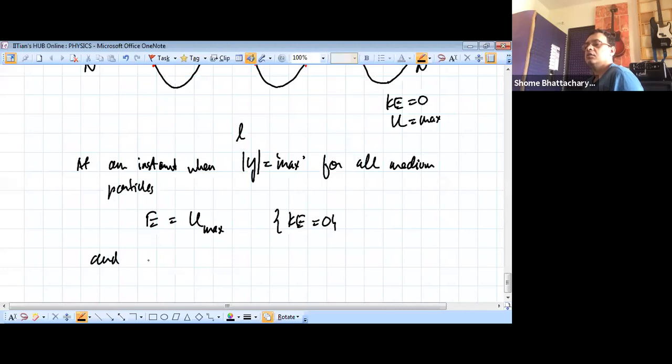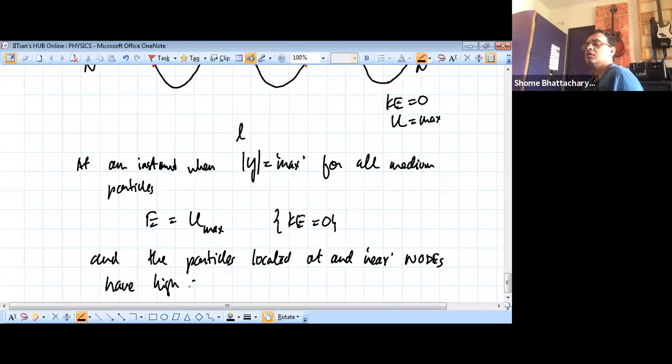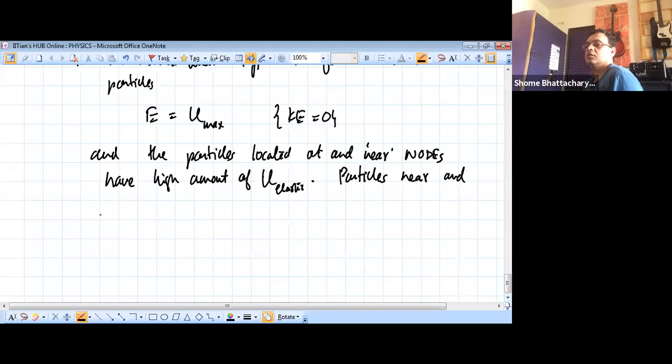And the particles located at and near the nodes have a high amount of this elastic potential energy, whereas particles near and exactly at antinodes have no or little potential energy.